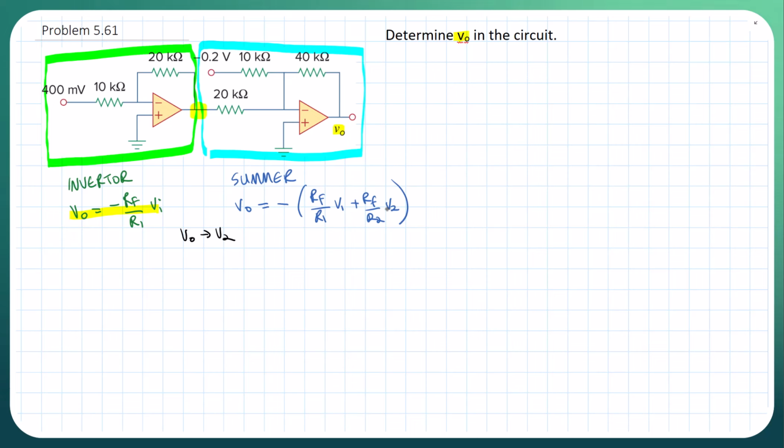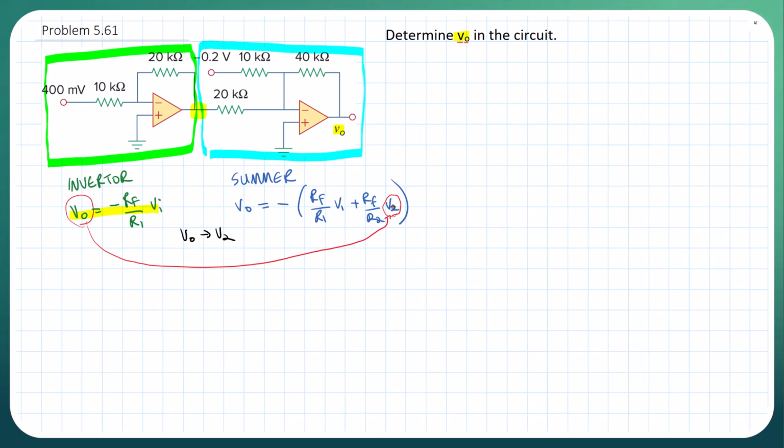It depends how you want to set it up, but that's the way I'm going to look at it. So my V output here is going into my V2 for the second stage of my op amp.